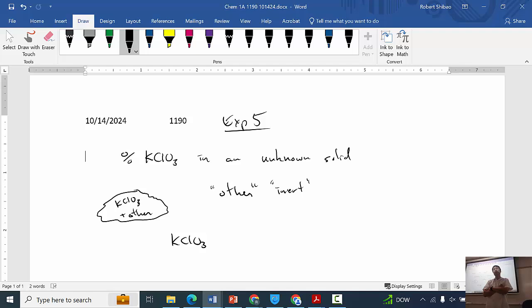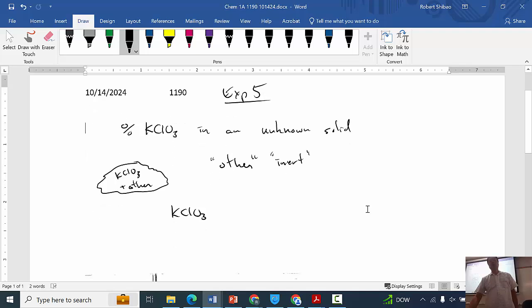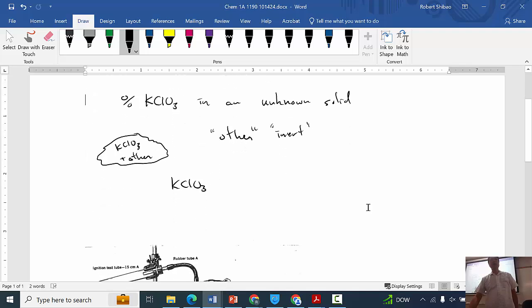Well, chlorate's not on the chart. So if something's not on the chart, what would you do initially to get an idea of how it might react? In redox.